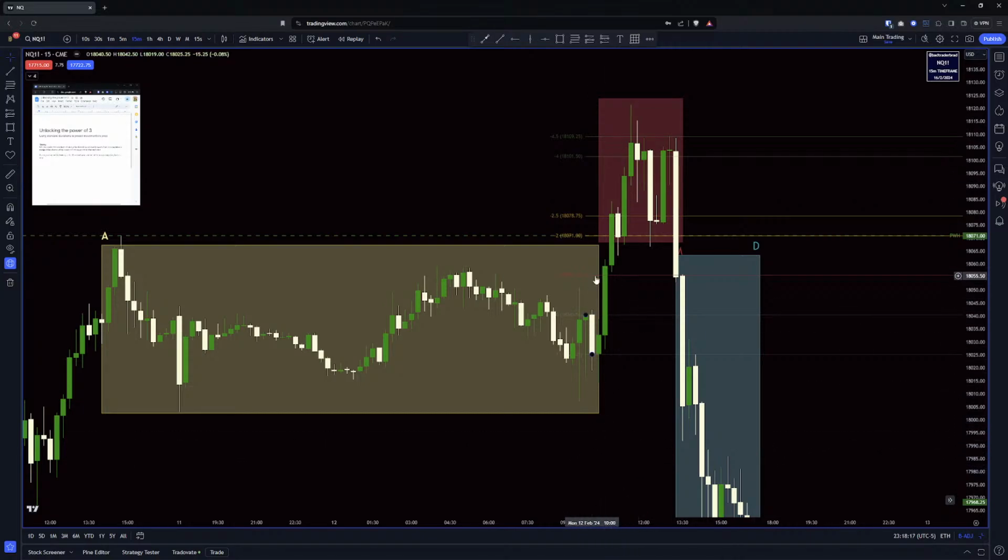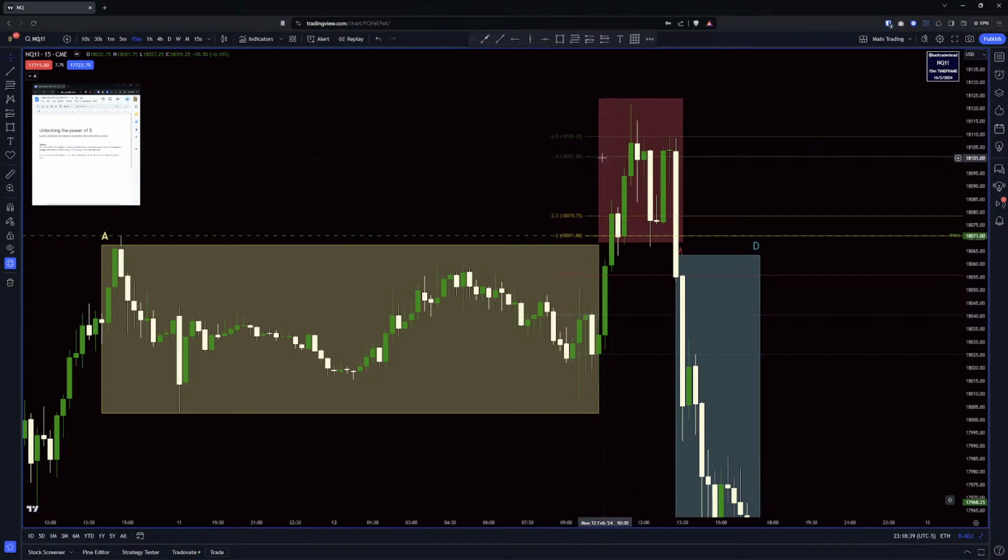But then you use the measured move on the 15-minute once you know it's closed over. So we have broken this downward structure here. We know that we're in the manipulation. Then you can do your measurement and figure out where this move is going to end.